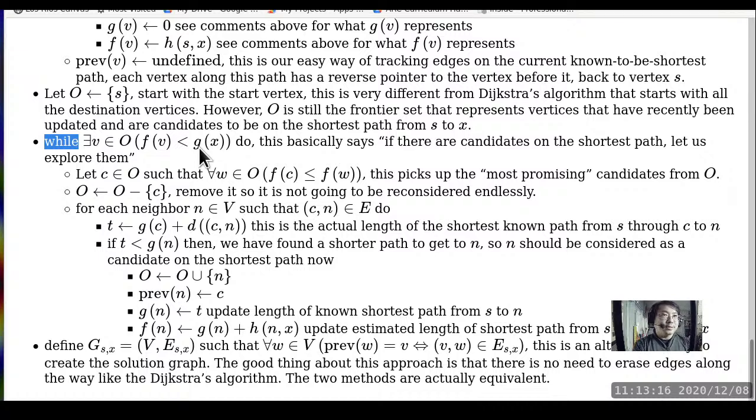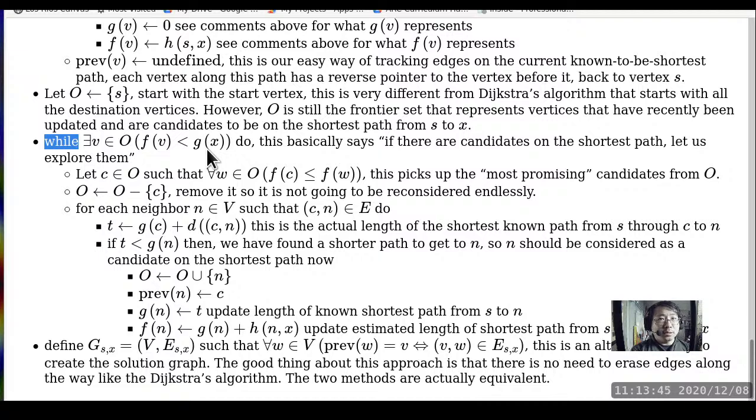But what if O is not empty? If O is not empty, we still have to evaluate a little bit more to decide whether we can get out of the loop or not. To stay in the loop, we want there exists at least one element in O that should have an F value that is less than G of X. They go like, okay, so what does that mean? Well, let's start with g of x.